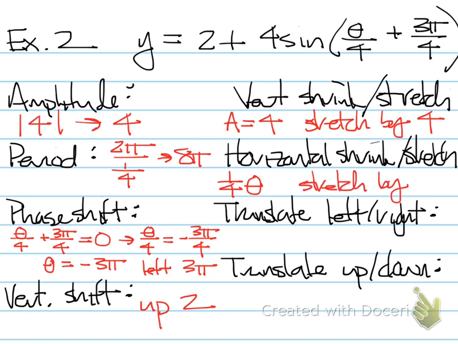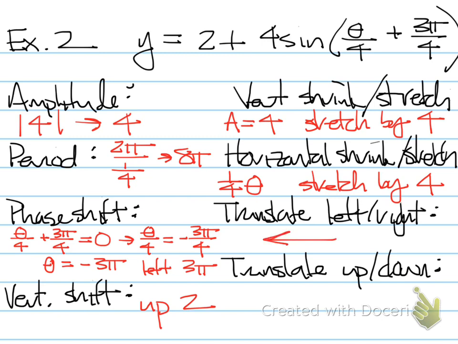We just want to take the reciprocal of that value. Typically, if you're multiplying by a fraction, you would think that it would make it smaller. But again, everything inside the parentheses is the opposite. So instead of reducing it by 1/4, it's actually stretching it horizontally by a factor of 4.